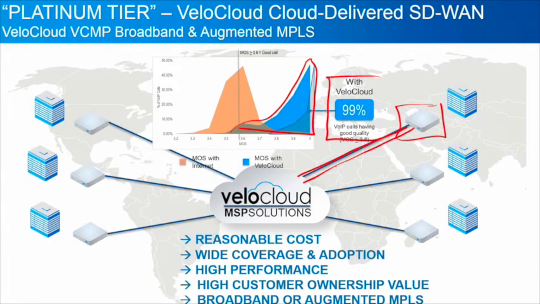And in our case, you can provide MOS scores that are suitable for enterprise traffic 99% of the time, actually 99.95% of the time. In addition, if you couple that with MPLS, you're able to provide an augmented MPLS service that provides the same quality of service, but at much higher capacity at a reasonable cost.